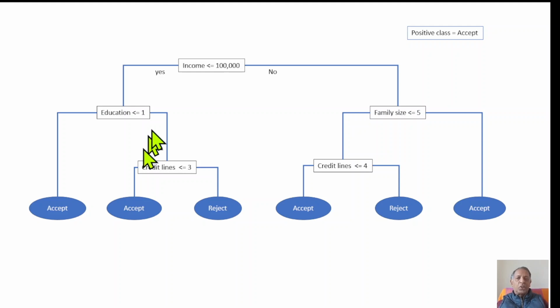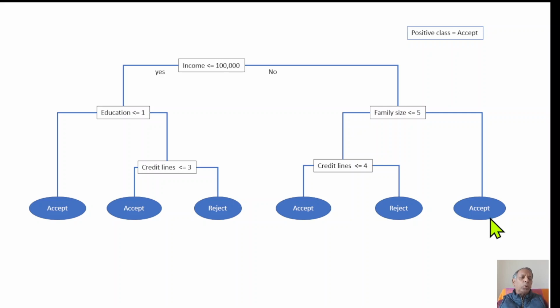On the other hand, let's consider a different case. Suppose a person comes along whose income is greater than 100,000. So they now come this side. Then we ask a question, is their family size less than or equal to 5? Suppose the answer is no, then we come here, and then it says, accept, give them the loan.